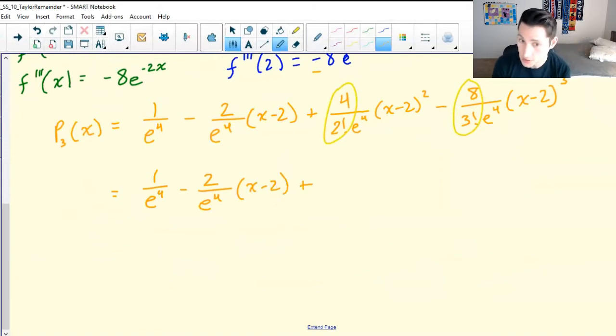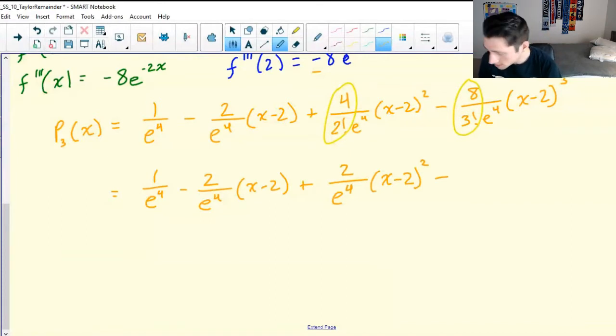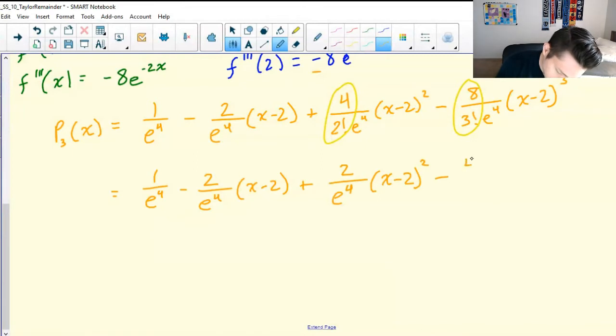But 2 factorial is just 2, so 4 divided by 2 will be 2, times x minus 2 squared. Minus, 3 factorial is 6, right, 3 times 2 times 1. So 8 over 6 simplifies into 4/3.